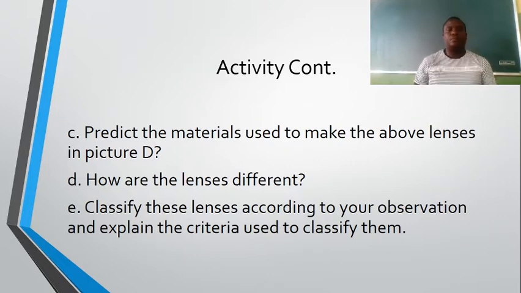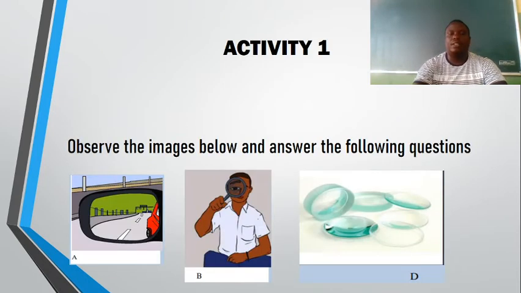So, as you can see, those are the questions concerned with this activity. Maybe you have written them somewhere in your exercise books so that you can try to think about it. Let me start again on the images so that you can write it very well.